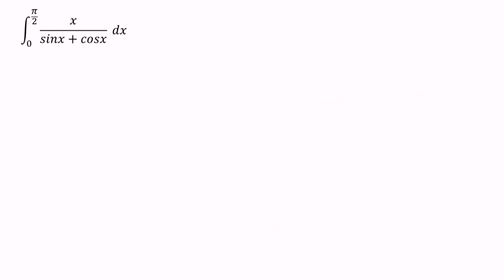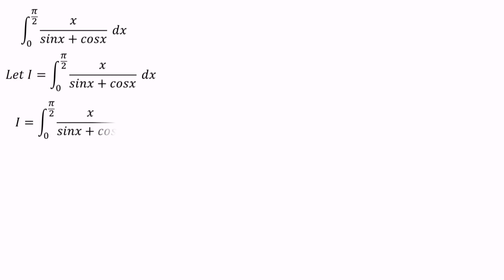Let's consider the answer to integral 0 to pi over 2 of x over sin x plus cos x as capital I. Then we need to find the value of capital I. Then we will keep I equals integral 0 to pi over 2 of x over sin x plus cos x as equation number 1.